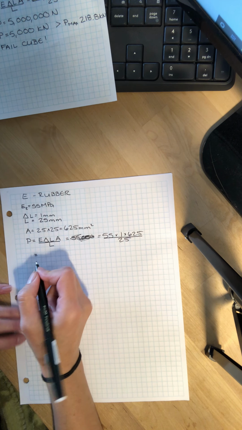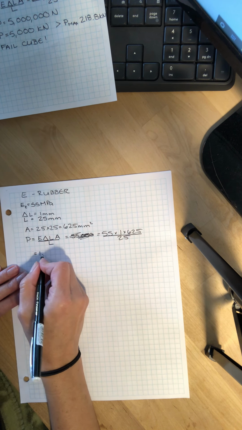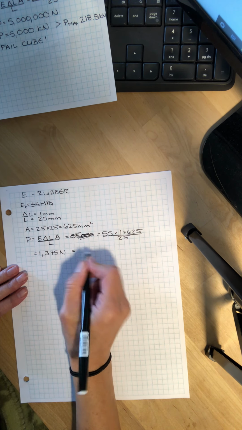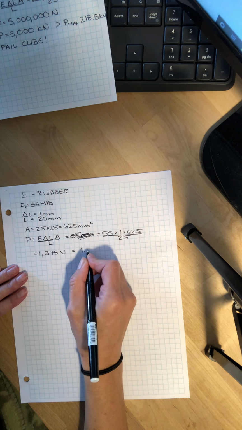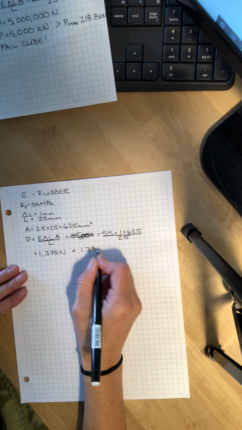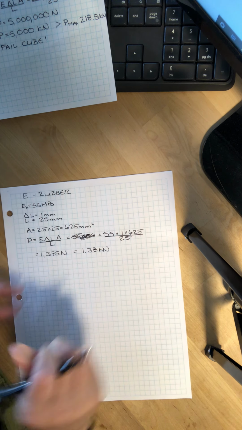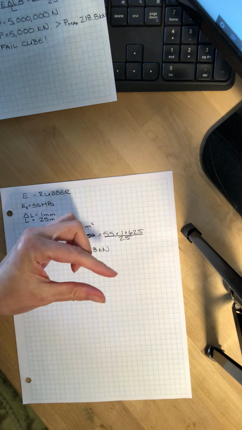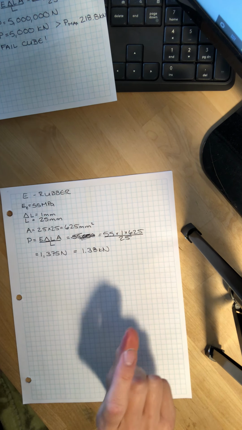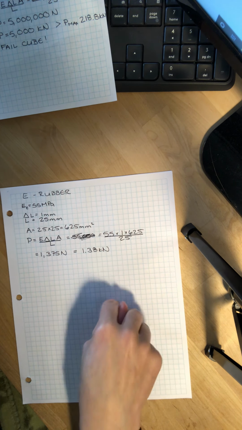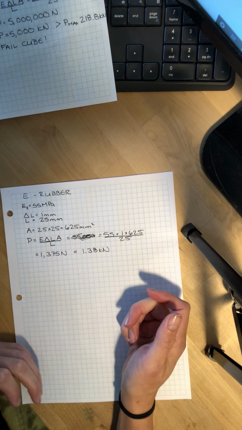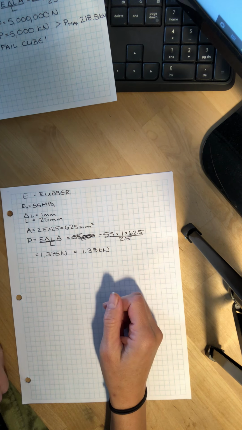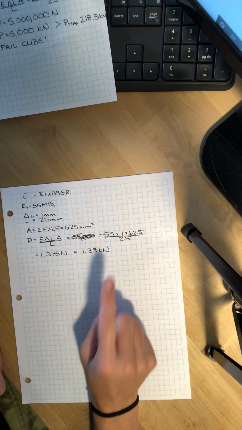Our force is going to equal 1,375 newtons, but we like to talk about these things in kilonewtons, or 1.38 kilonewtons. So for this particular rubber cube that's 25 by 25 by 25, it's going to take 1.38 kilonewtons to squash it. That's still more than Arnold would weigh. That's about 309 pounds.